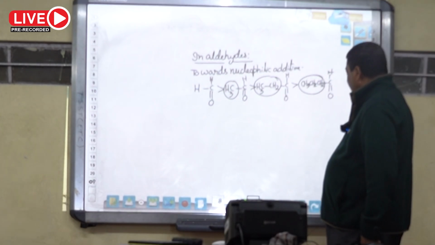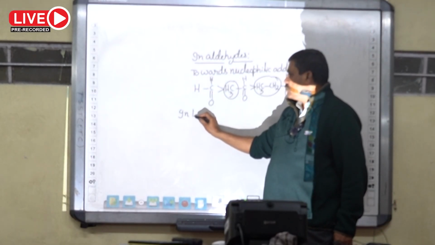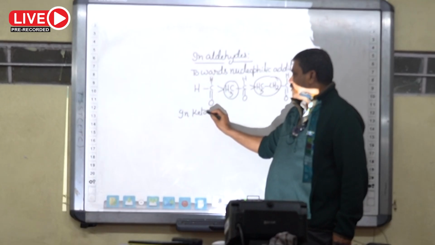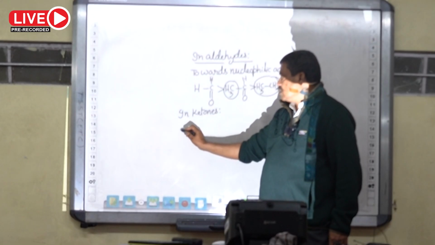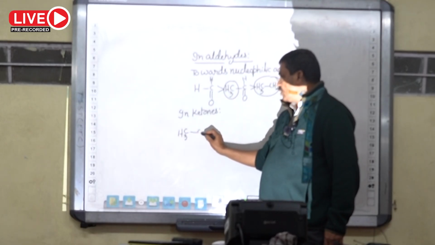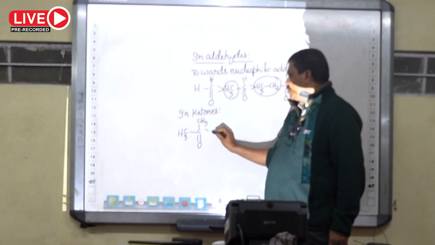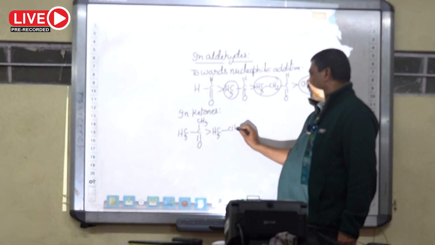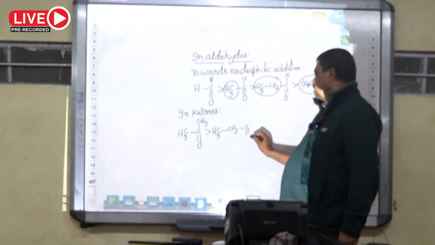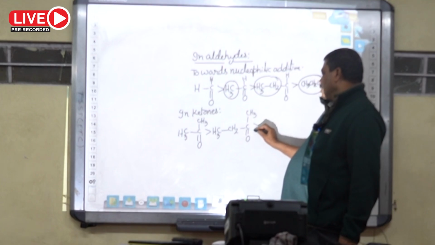So in case of ketones, the highest reactive is acetone or propanone. So with increase in the size of alkyl group, this is butanone or 2-butanone.